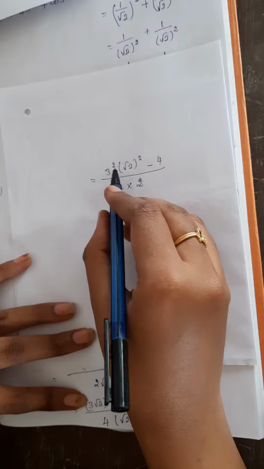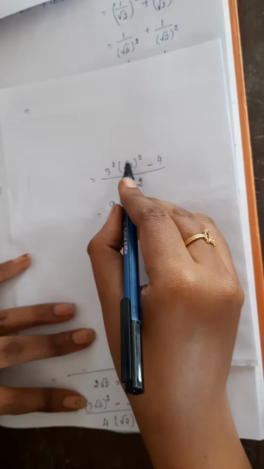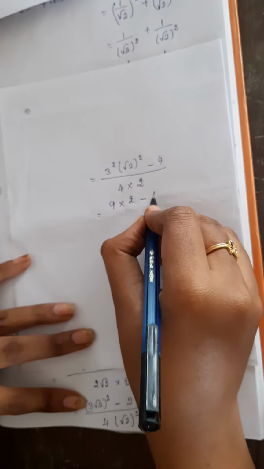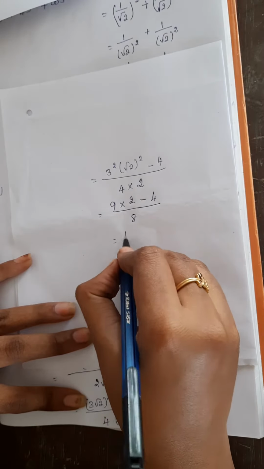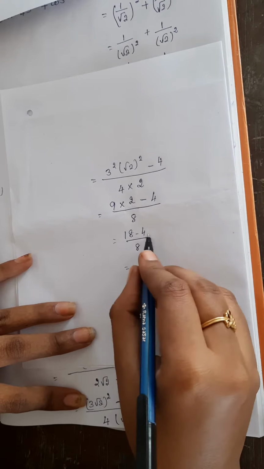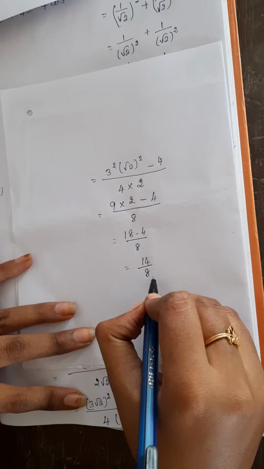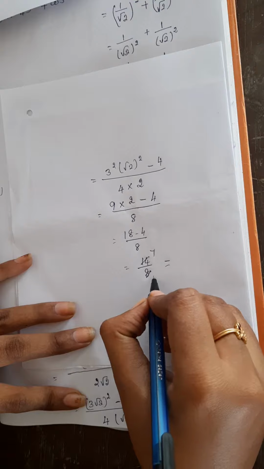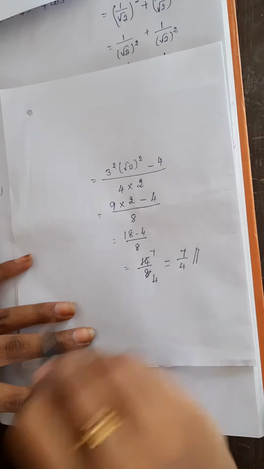Then 3 square is 3 into 3, 9 into this square and square will be cancelled, only 2 will remain, minus 4 divided by 4 to the 8. That is equal to 18 minus 4 by 8. Subtract it, 14 by 8. That is equal to, cancel it, 7 by 4. So 7 by 4 is your answer.